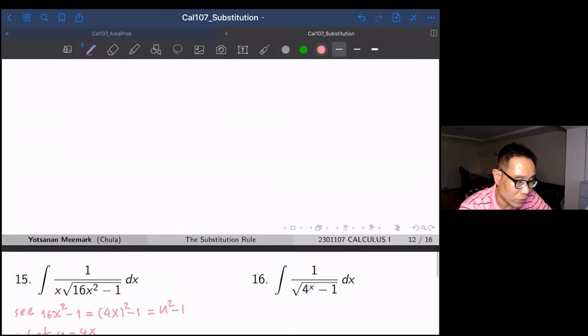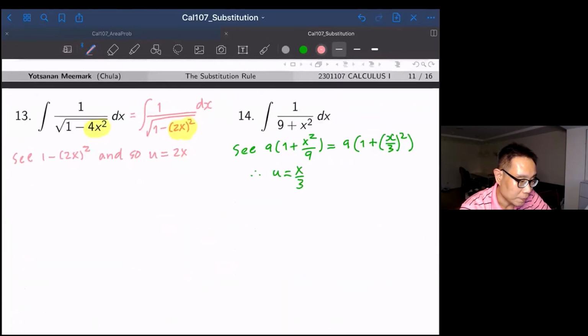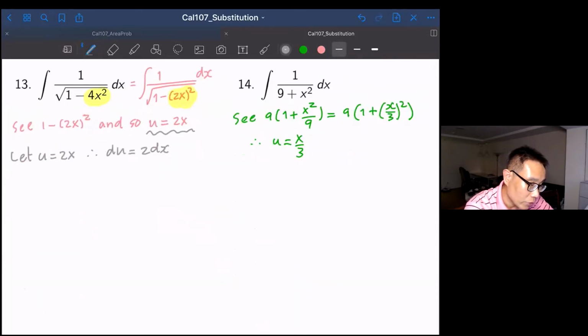Well, let's do these 3 examples first before I go to the last question, 16. For this one, you let u be 2x, so you get du equal to 2 dx. The integral turned out to be, let me write this one, 1 minus 2x squared dx.